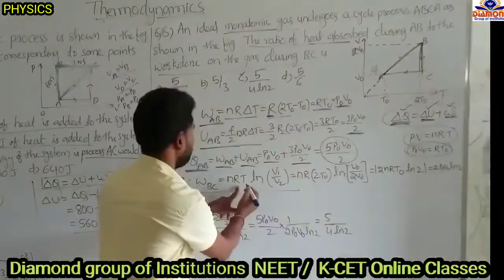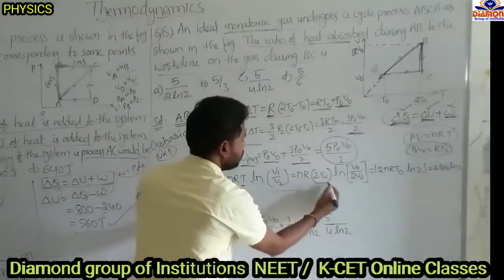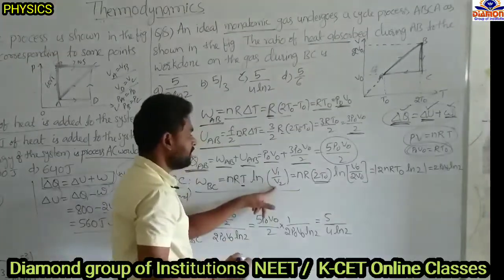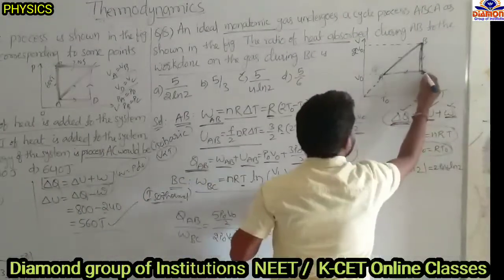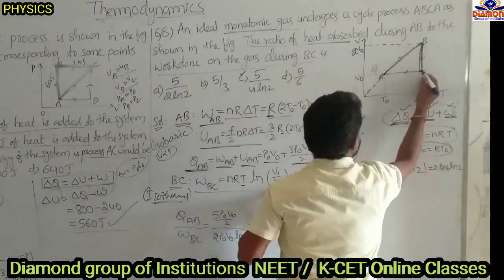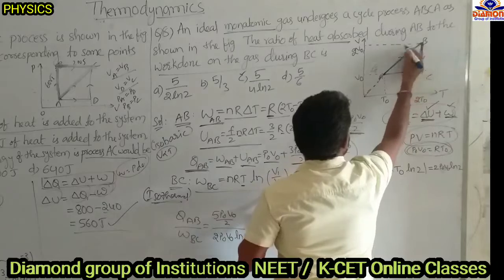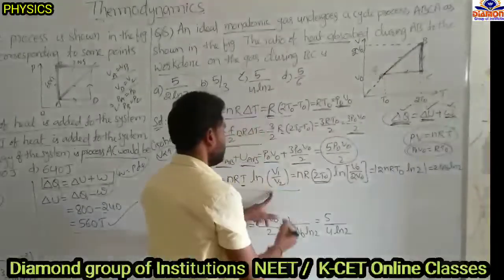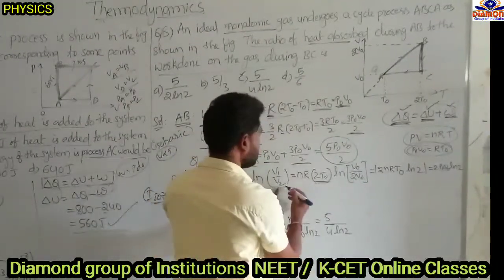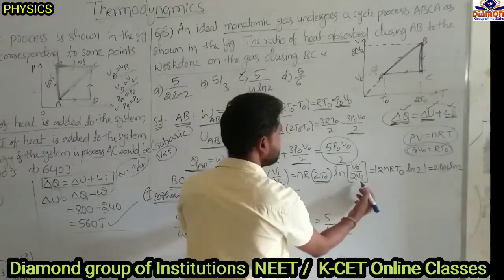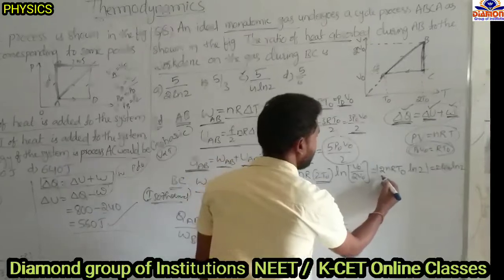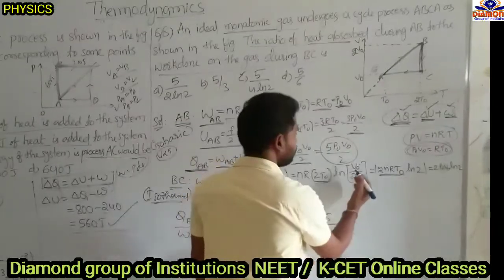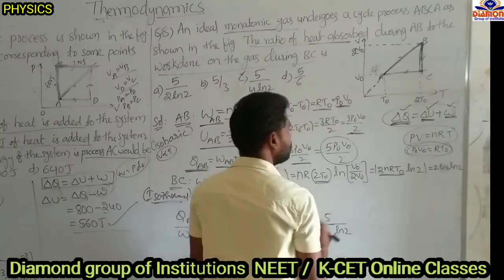So in place of temperature I write 2T naught, and ln V final by V initial. B to C means C is the final and B is the initial. Initial volume is V naught, final volume is 2 V naught. So NR into 2 T naught means 2 nRT naught ln of 2 V naught by V naught.